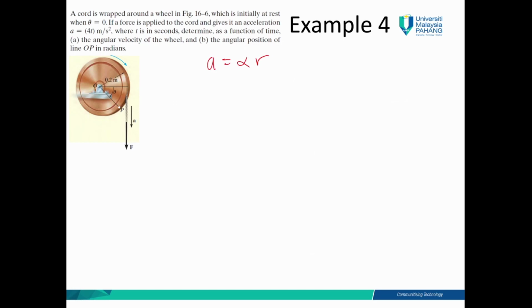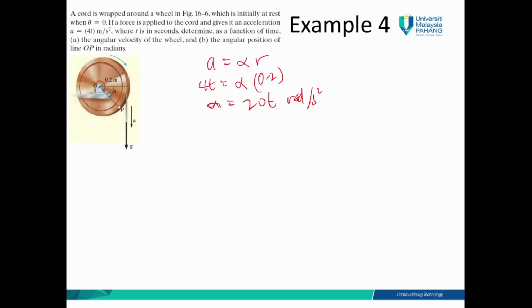So if the acceleration is 4t, it is equal to angular acceleration times the radius, which is 0.2. Solving for angular acceleration, you should get 20t in radian per second square.